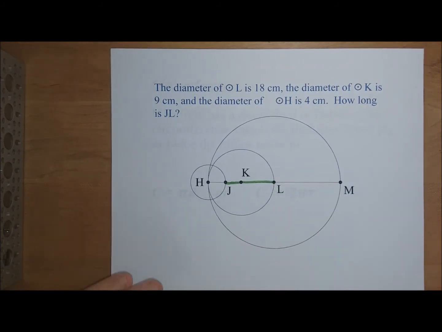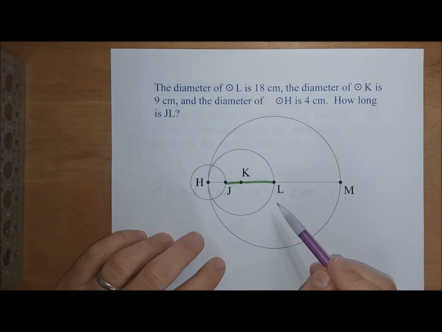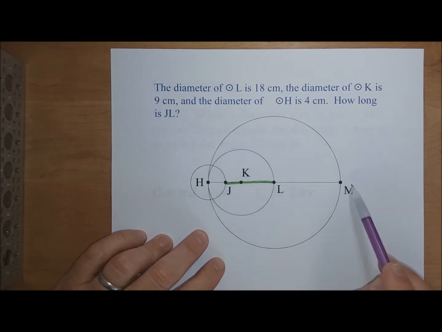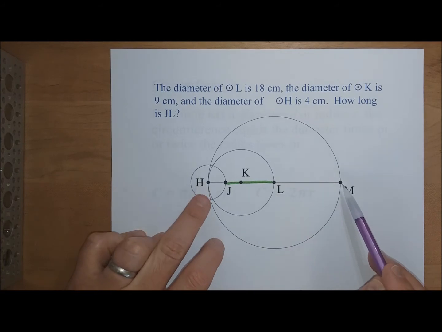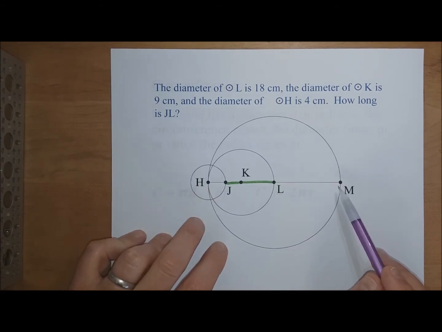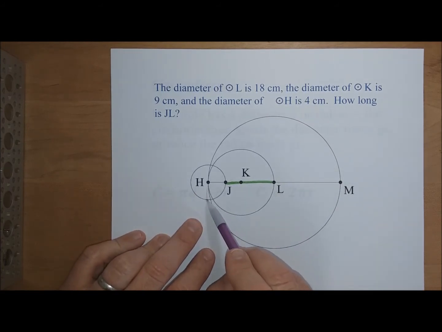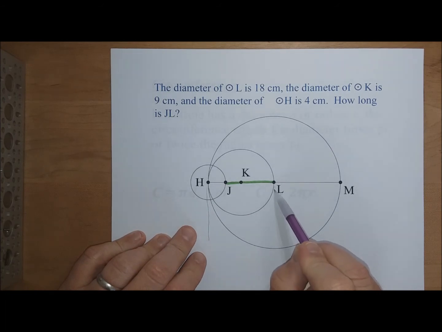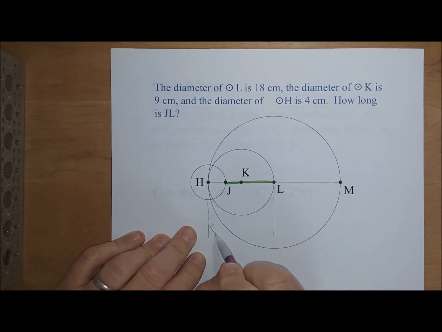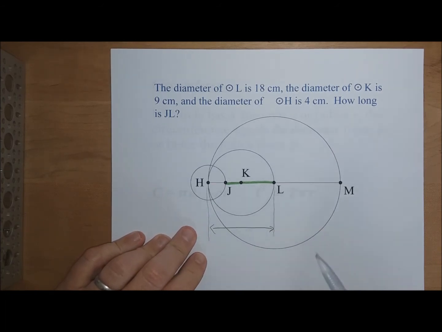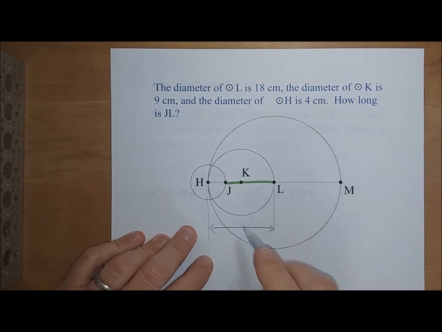Let's see, what do they give us that we could add to our sketch here that would be relevant and helpful? If the diameter of circle L is 18 centimeters, then I'd like to mark this radius of circle L. If the diameter is 18, then the radius would be 9, half of that.